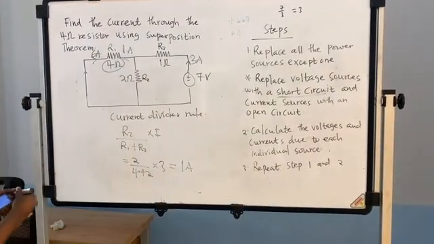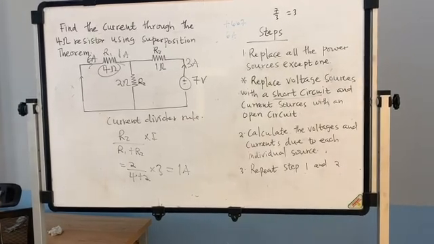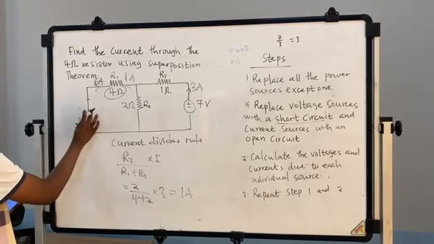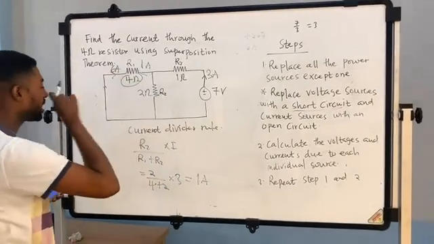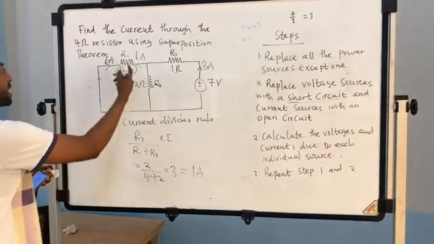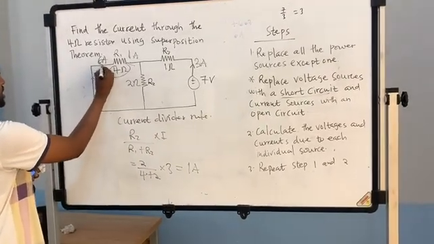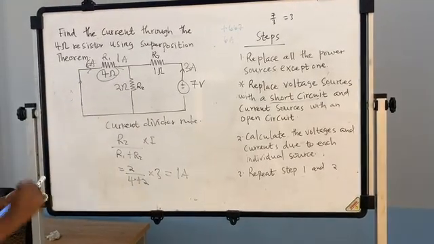But the question is to calculate the current flowing through the 4 ohm resistor using superposition theorem. When the first source was acting, we had a current of 6 amps. When the second voltage source was active, we had a current of 1 amp. But let's look at the direction. The 6 amp current is opposed by the 1 amp current.